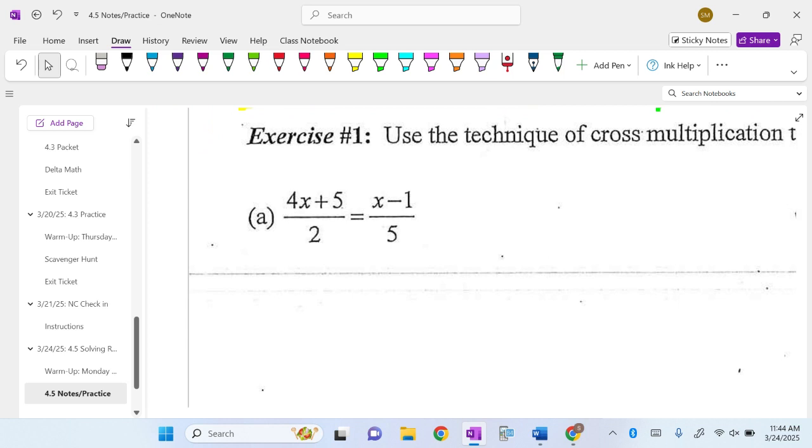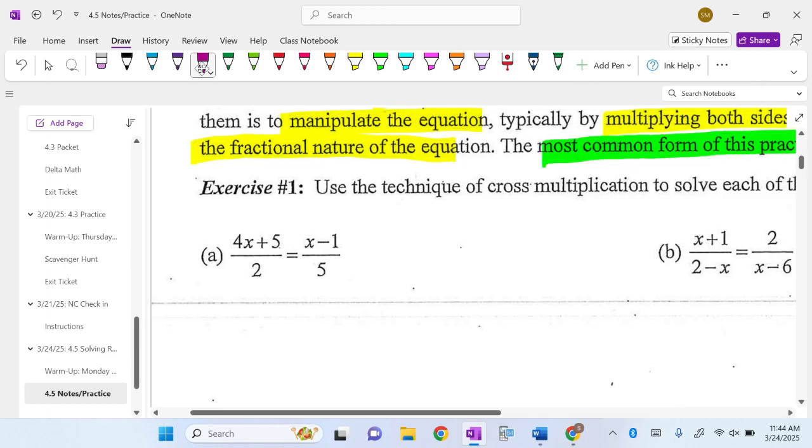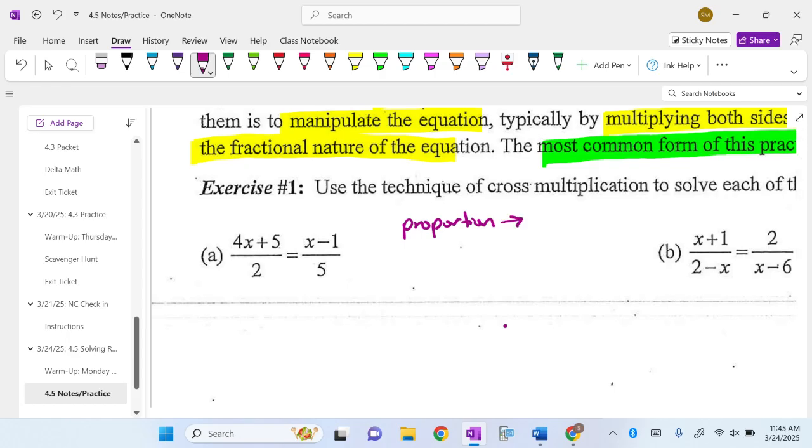Proportional rational equations. If the equation is proportional, that means there is one fraction on each side of the equal sign.